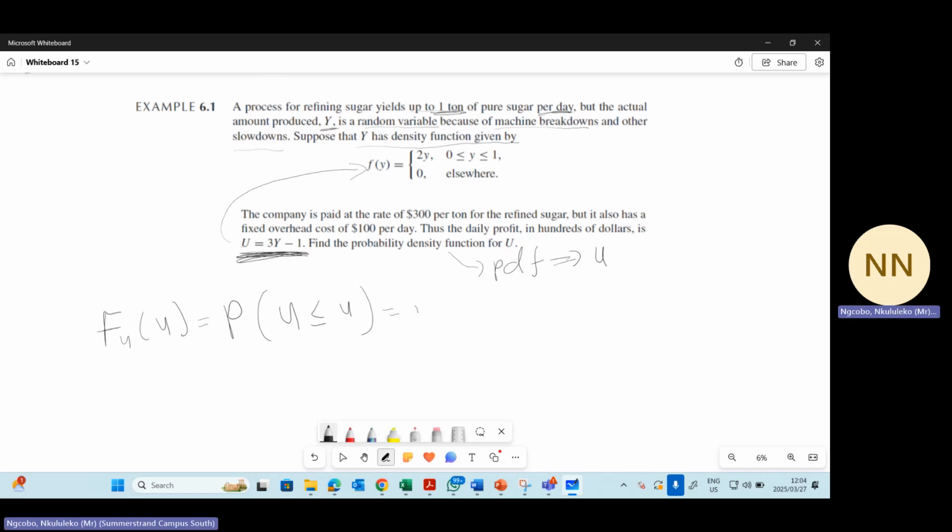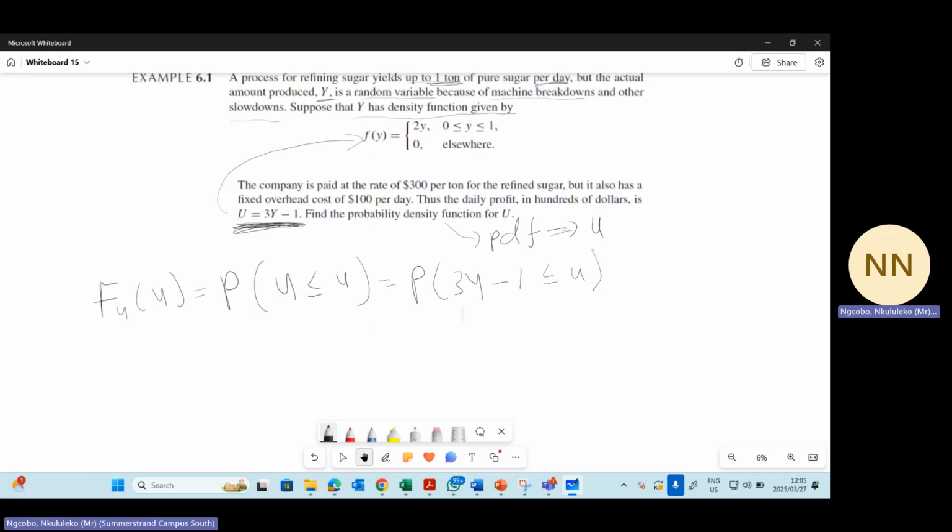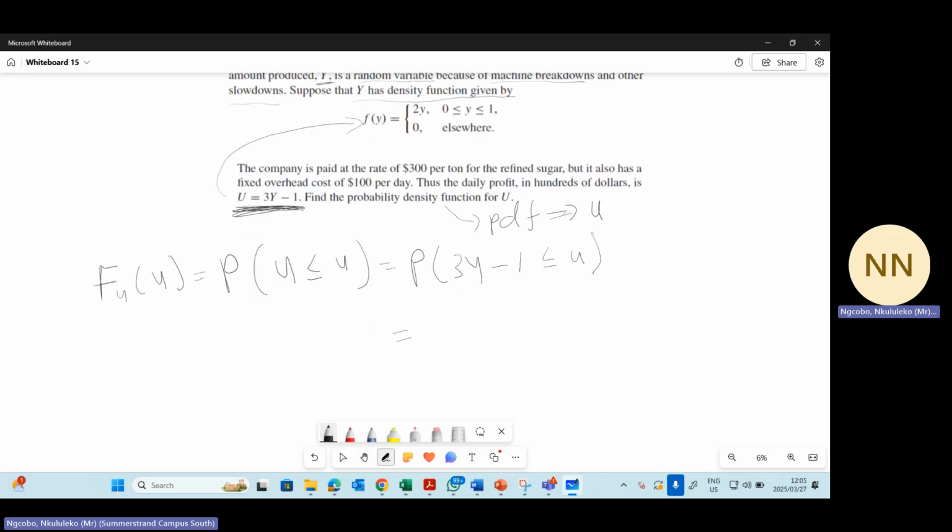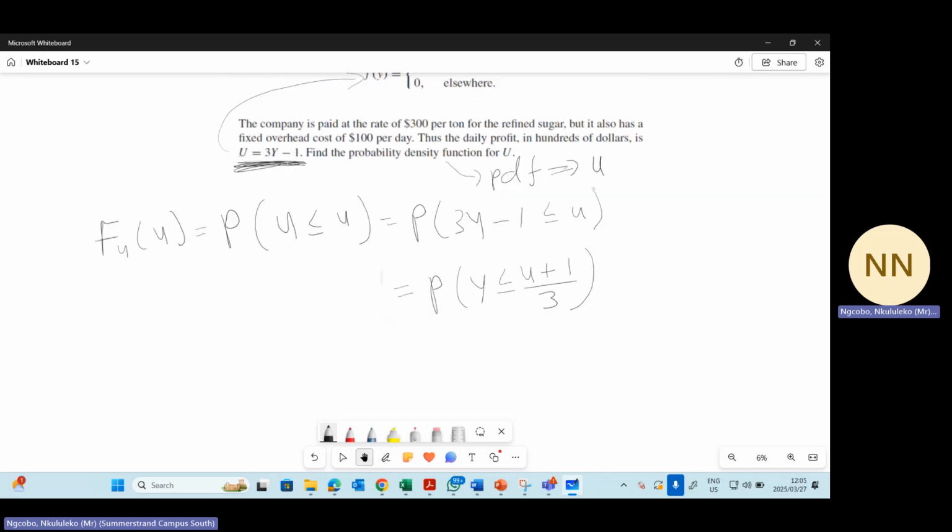This is the same as the probability of 3Y minus 1 less than or equal to u. If you make Y the subject of the formula to make your life easy, then you'd have the probability of Y less than or equal to (u plus 1) all divided by 3, right?